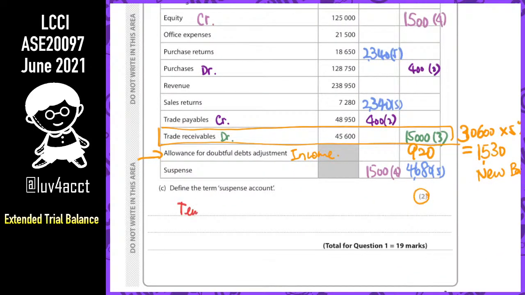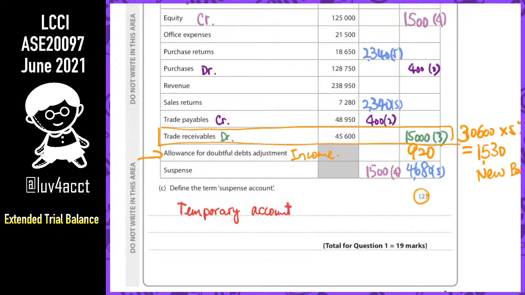we have to mention it is a temporary account. The nature first: there is actually no nature, because it is not asset, not liability, not equity, not expense, not income. It is a temporary account.